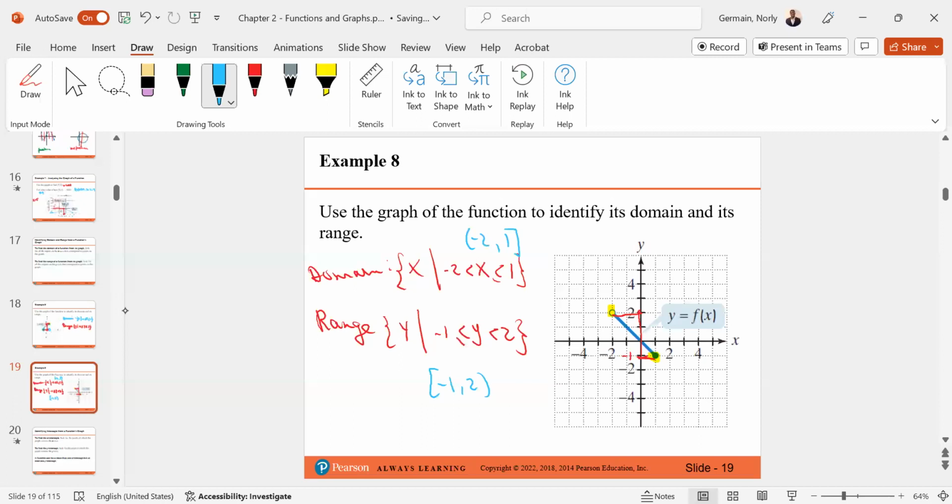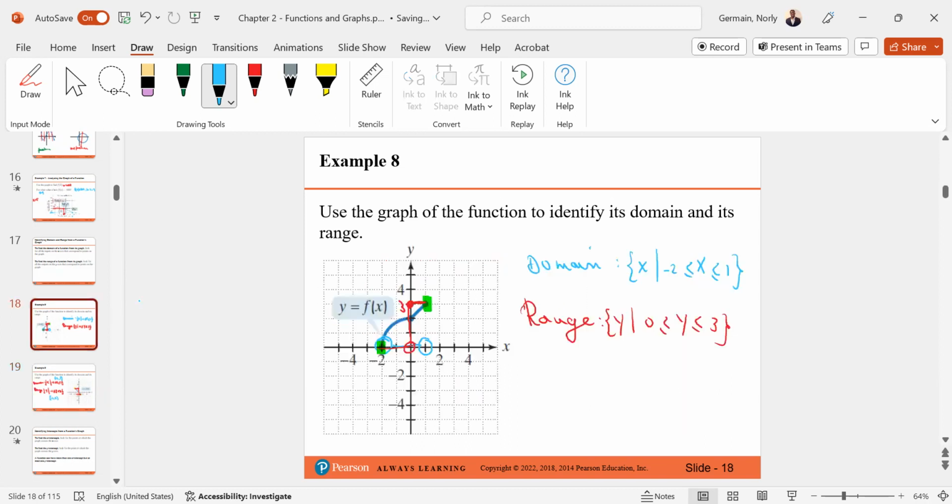And the previous one, if you want to use interval notation, because we learned how to do both interval notation and set builder notation, you can rewrite it as -2, 1. See, closed, we use brackets, or we use 0, 3. No problem using brackets to answer those questions.